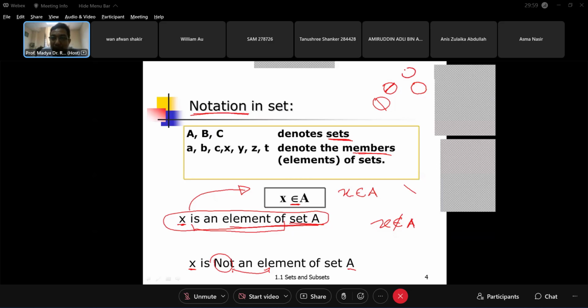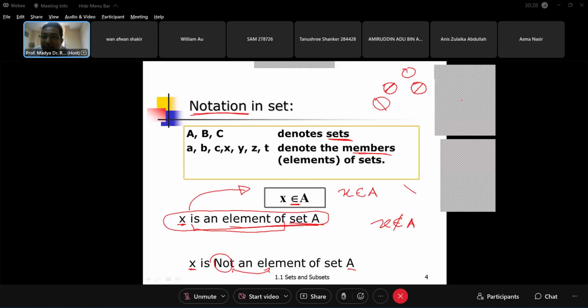Because we can go around, we can move around, so entry is represented by this circle. But no entry, we put like this. That's why any symbol actually represents a meaning. They have meaning behind that symbol. This is entry, so no entry. Here, not an element. Element, not an element.